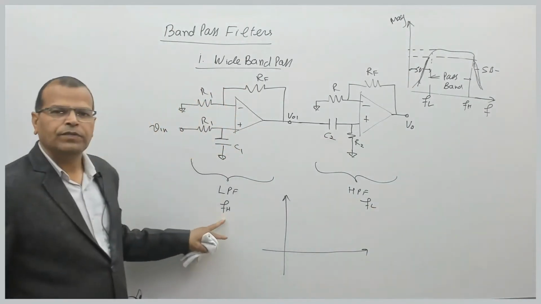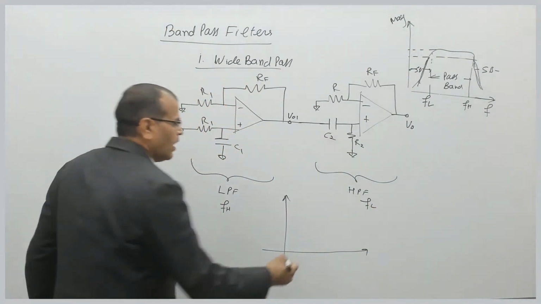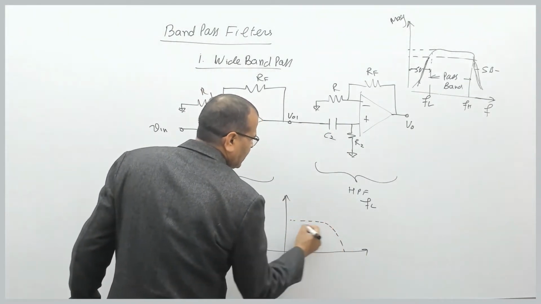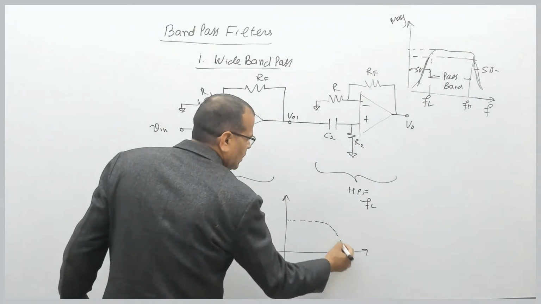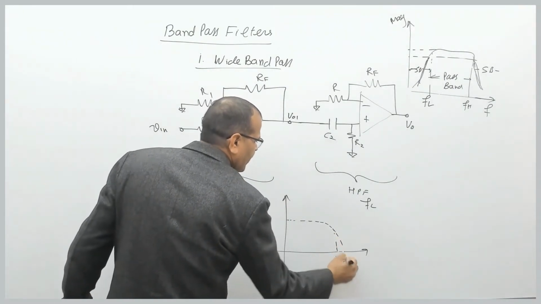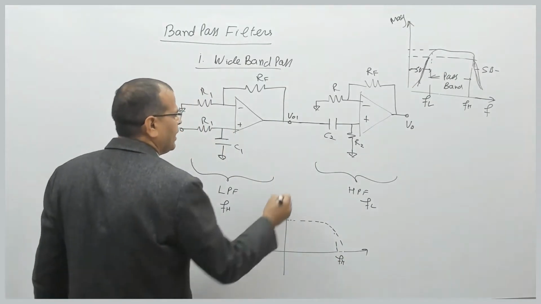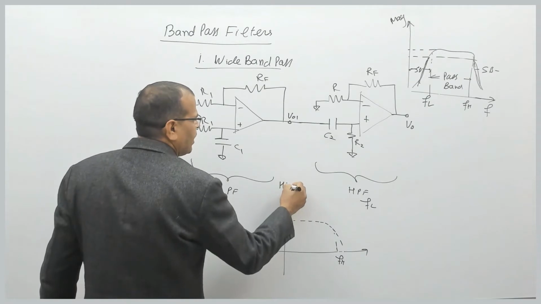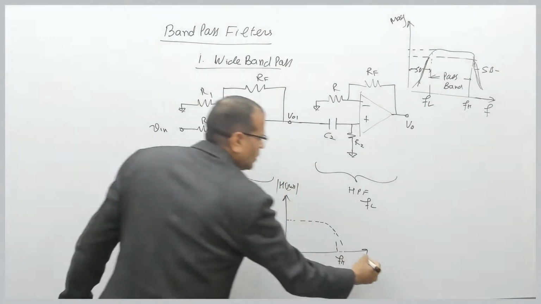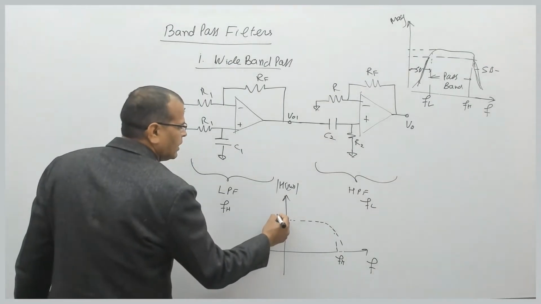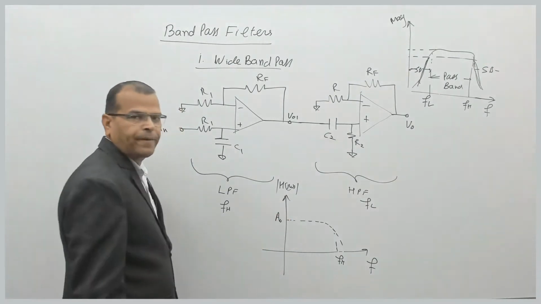So in low pass filter it will allow a certain band of frequencies up to which frequency? That is high cutoff frequency of low pass stage, right? This is gain of the amplifier, say this is H j omega, magnitude, this is frequency, right? Now say this is DC gain A0, right?